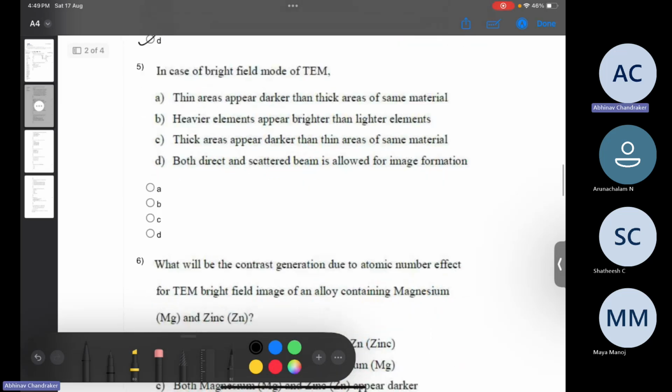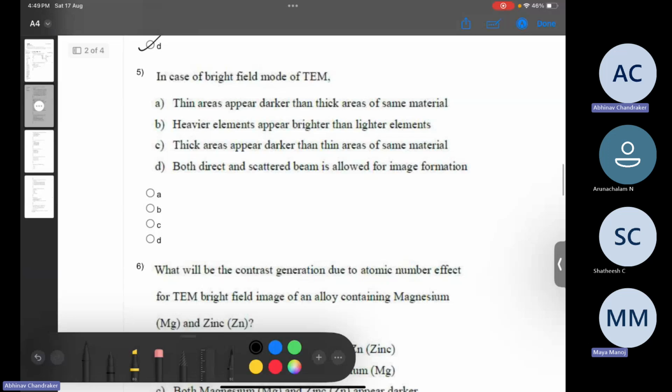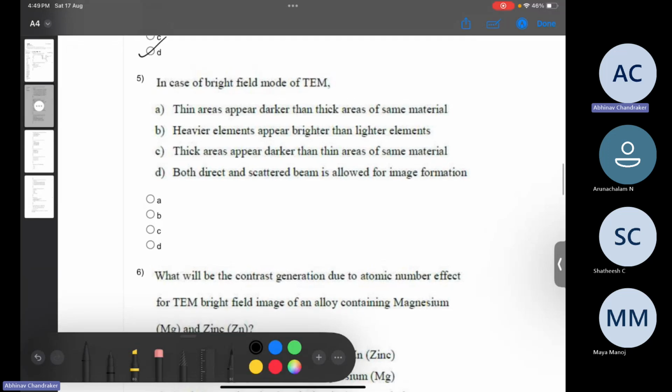I hope that these things are clear or somewhat clear to you. Else you should try to go through the lectures, because TEM can be a bit difficult to understand initially when it's new to you. So let's go to fifth question.